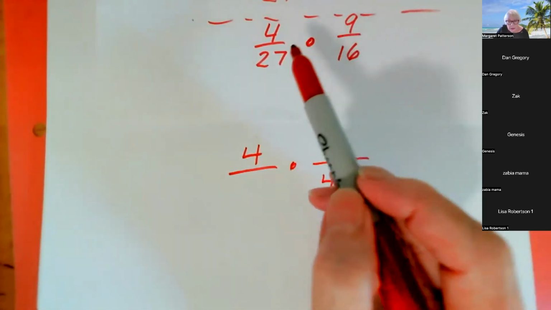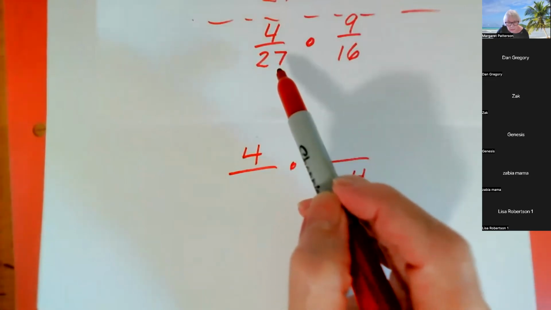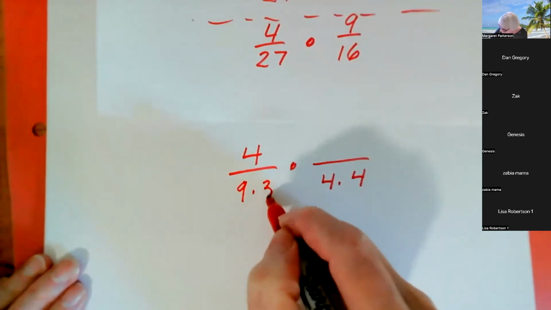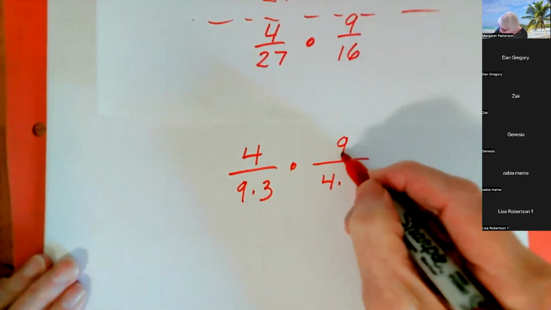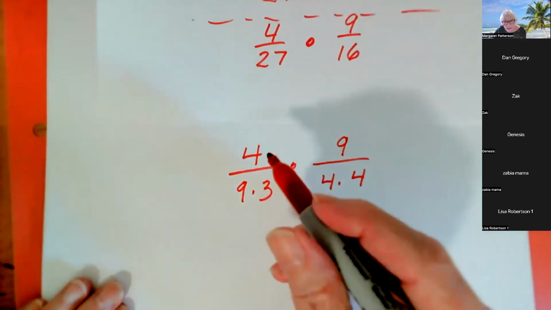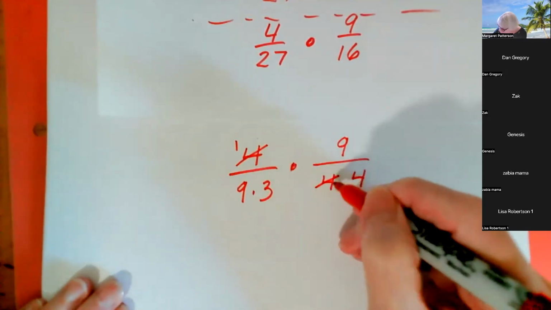And if you see this one, 27 is 9 times 3. You can, without having to completely prime factor it, get this taken care of. I can take 1 4 out, a 4 on top, a 4 on the bottom.